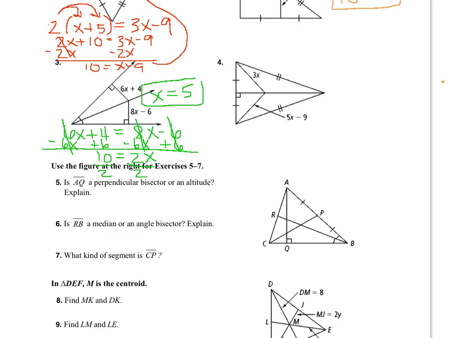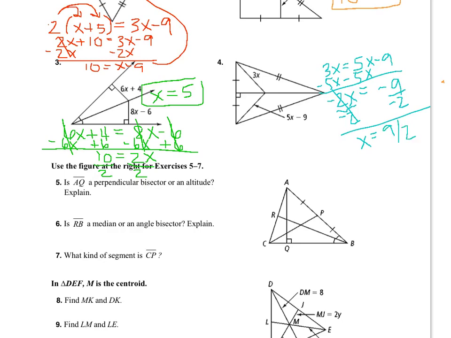So I have to use those expressions and set up 3x equals 5x minus 9. I'll move my x's. And I moved my 5 just because my 9's already by itself. So I do have negative x, but that's okay. Divide by negative 2. And I'm going to get x equals 9 halves.